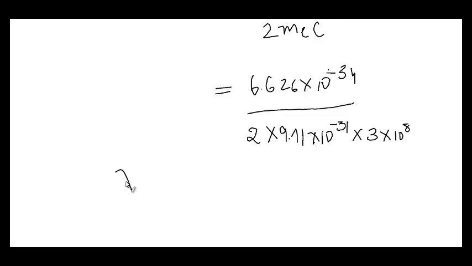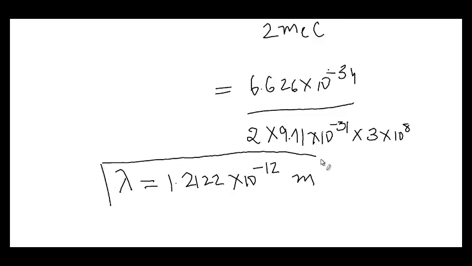So the wavelength lambda can be written as 1.2122 into 10 power minus 12 meters. So that is the wavelength of the gamma ray photon that is being emitted when an electron and a positron annihilate.